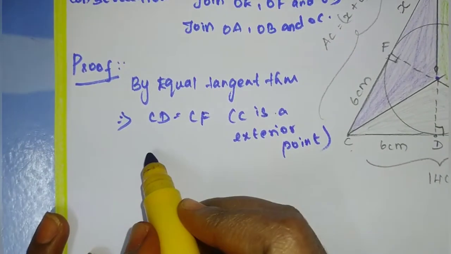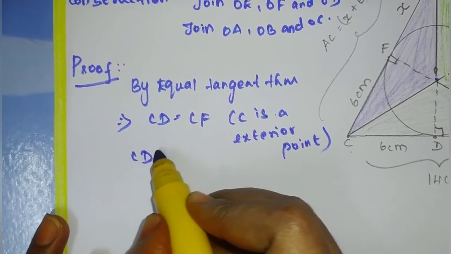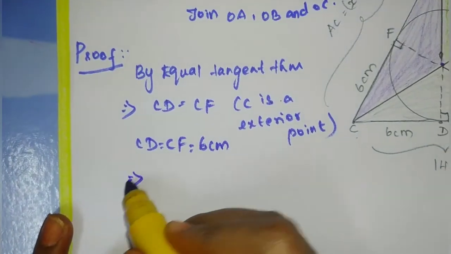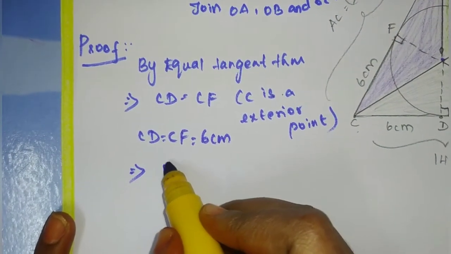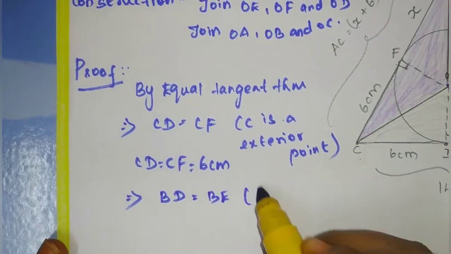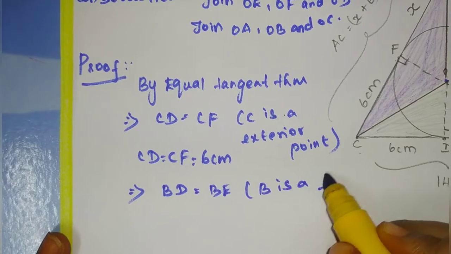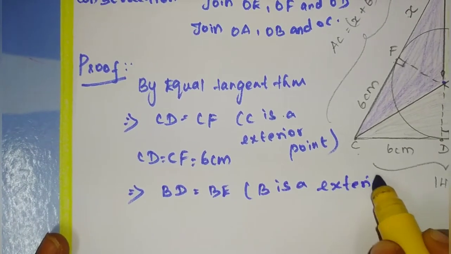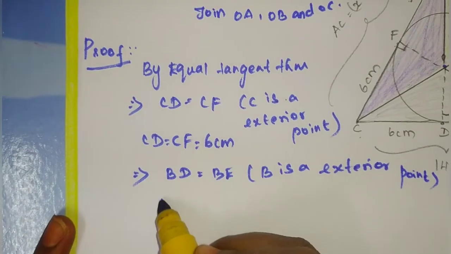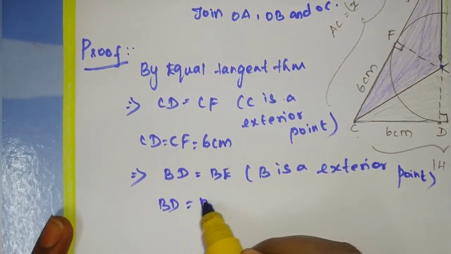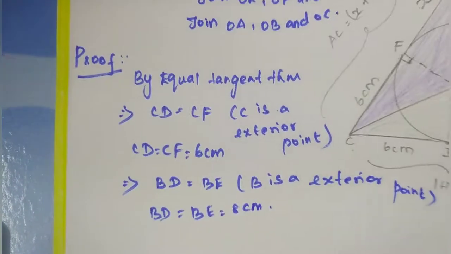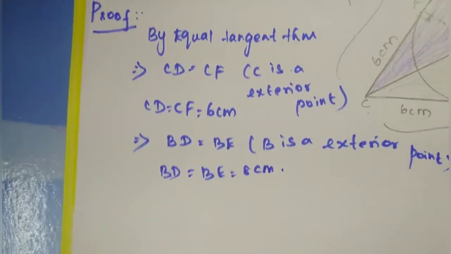So if CD is 6 centimeter, CF is also 6 centimeter. It implies BD is equal to BE. B is the exterior point. It implies BD is equal to BE is equal to 8 centimeter. Clear, children?